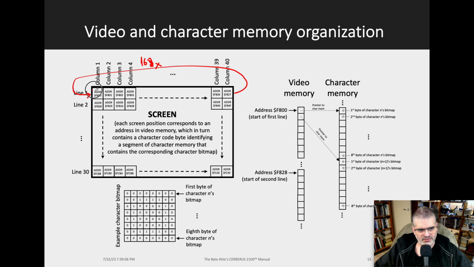So we will print the first row of all the characters on the first line. Then we will return and print that first row again, just underneath. So we print the first row twice. This first byte here will be printed twice.